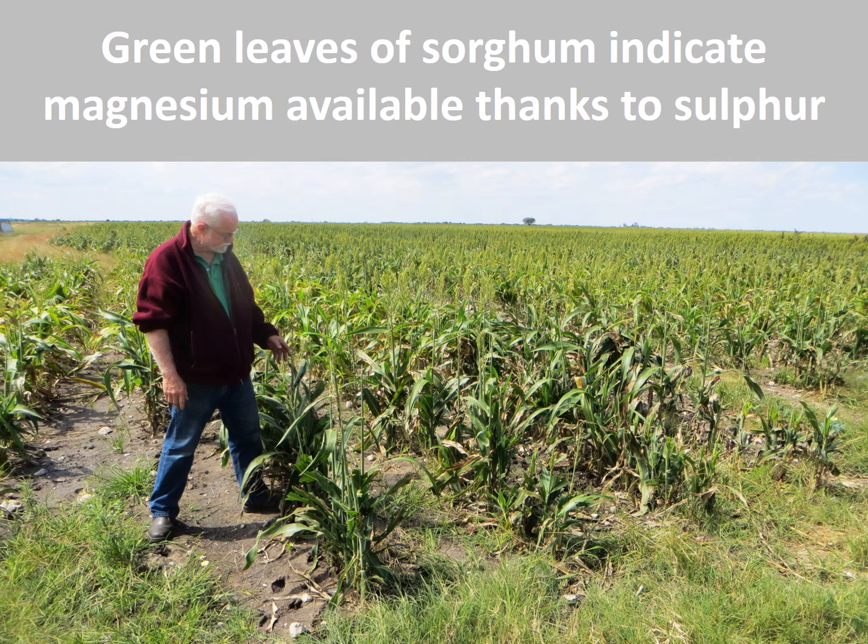So think about it. Calcium sulfate is plaster, but magnesium sulfate is Epsom salts. Epsom salts dissolves into water and will be taken up by the plant. So if you look out across this landscape, where the sorghum is dark green, it's got enough sulfur. And where the sorghum is lighter green, it's deficient in sulfur.